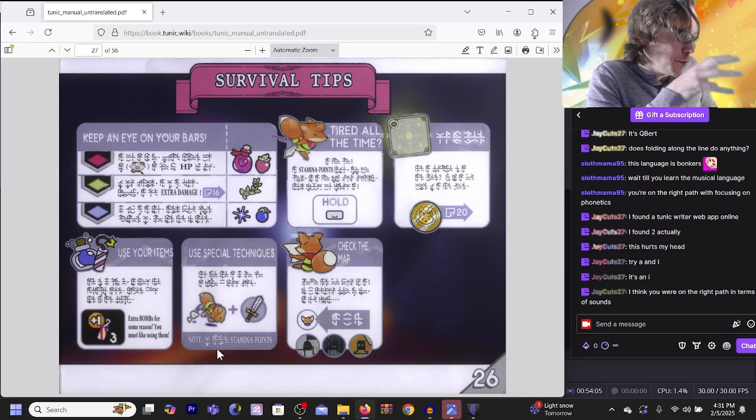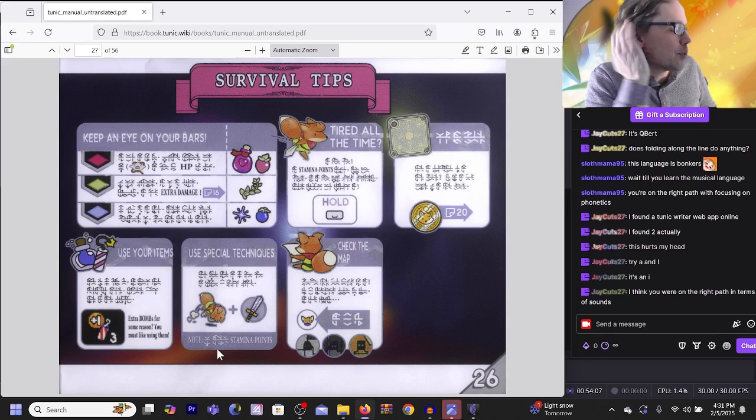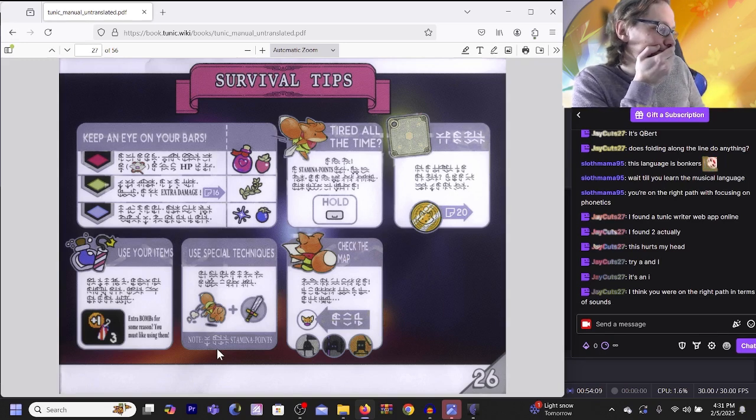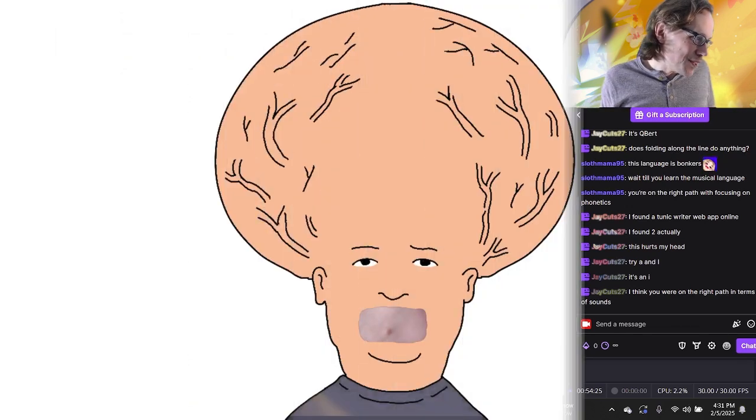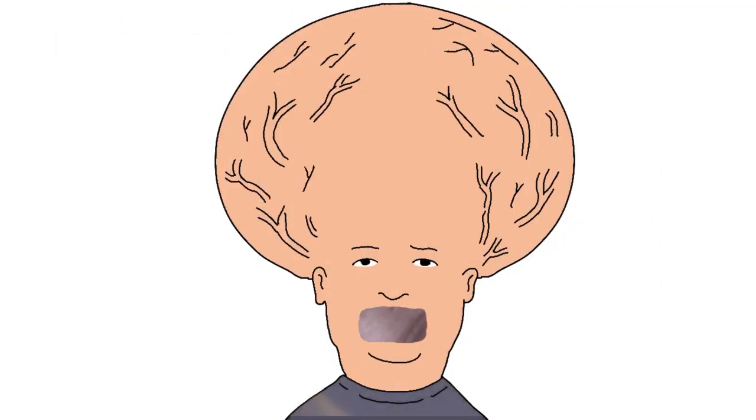Note, something uses stamina points. Possibly the word this. This uses stamina points. I'm starting to see it, which is spectacular.